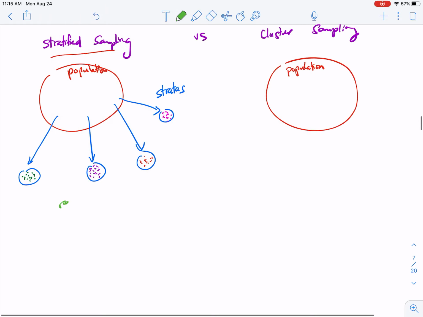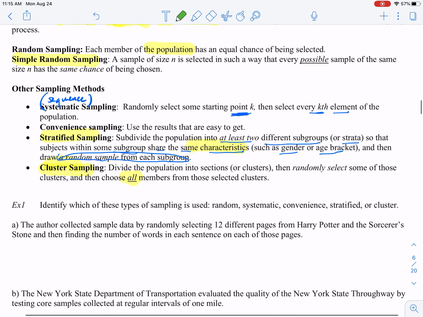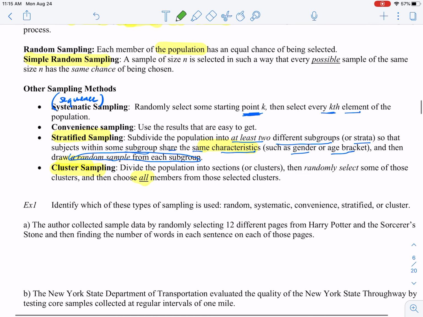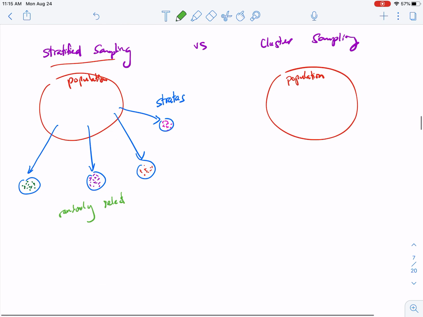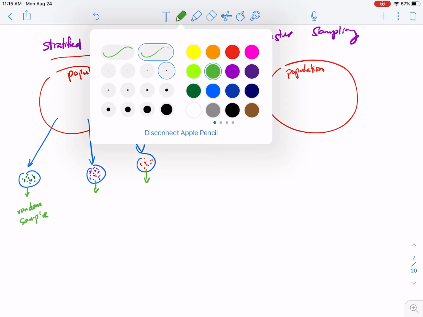Actually, what we do next is, after stratifying, we draw a random sample from each subgroup. So a random sample from each group, maybe a smaller circle.